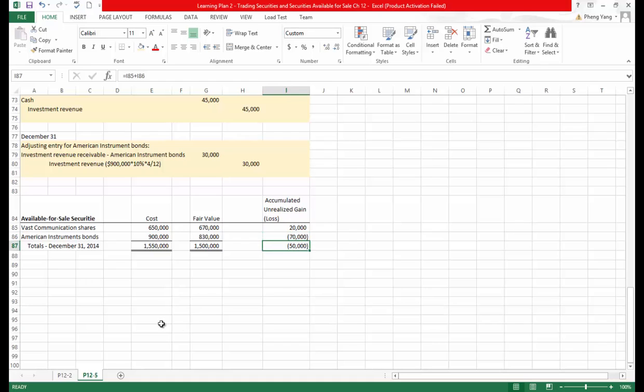Okay. So let me just write this. We're going to be moving from a positive 10,000, which is from the previous year, 2013, that we did the problem for the two investments, to a negative 50,000.